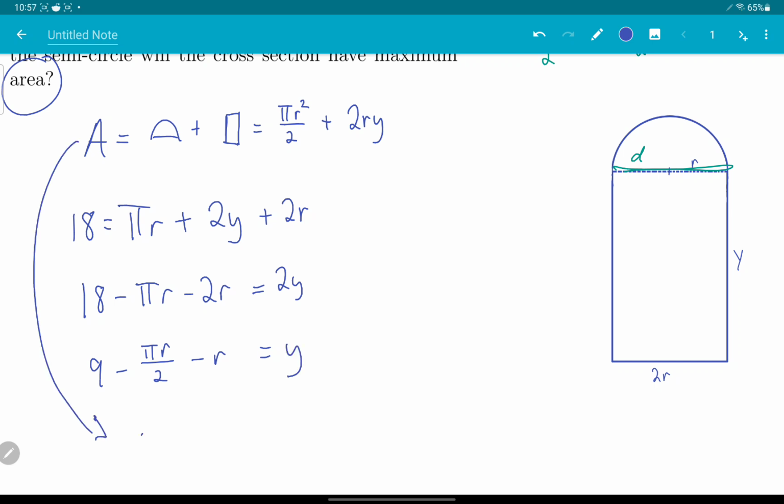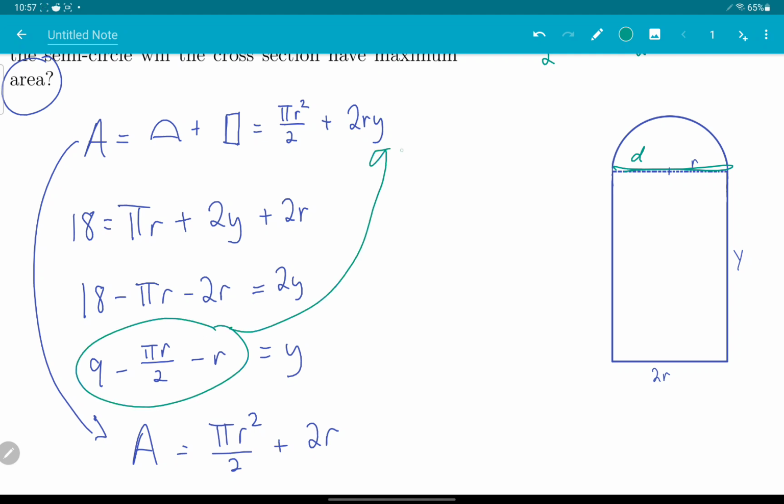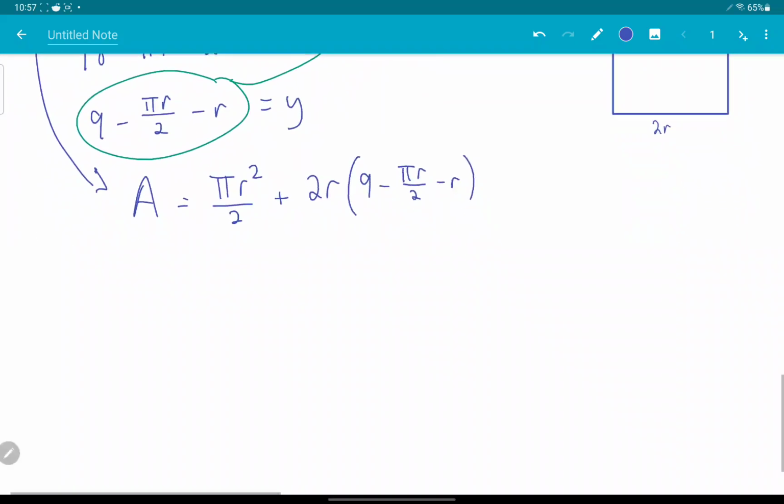Bringing my area equation back, pi r squared over 2 plus 2r, and then the thing I found is going in for y. Okay, so I'm going to spend some time simplifying this. Start by expanding.